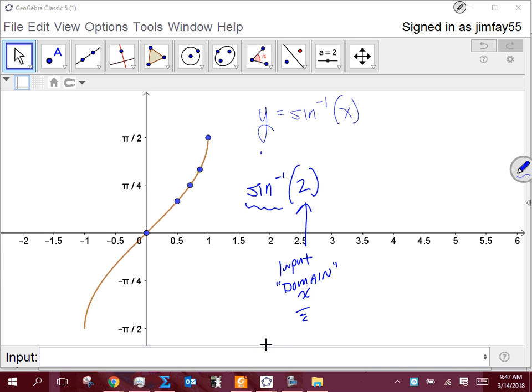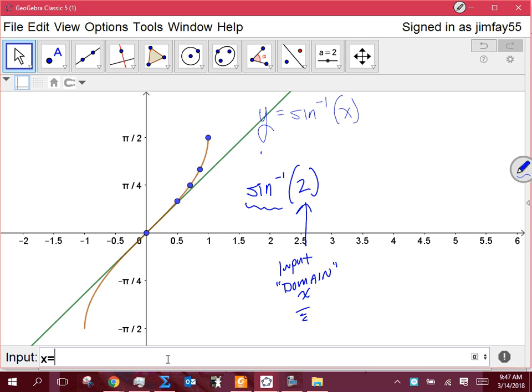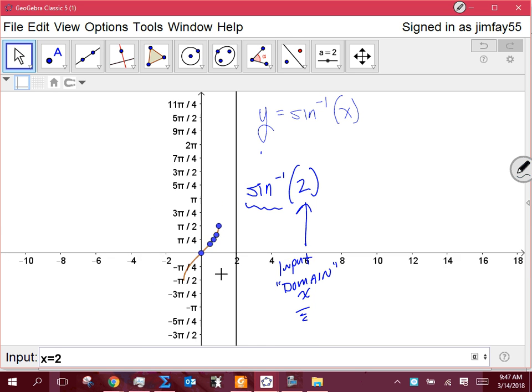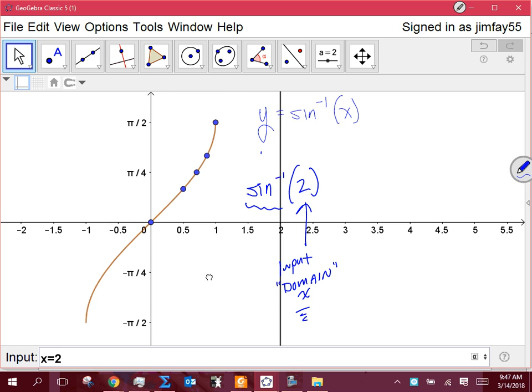Is there an issue here? Look at my function. If I look at an input of x equaling 2, is there ever a y value that ends up on that line? No.